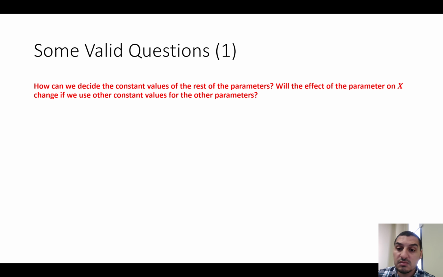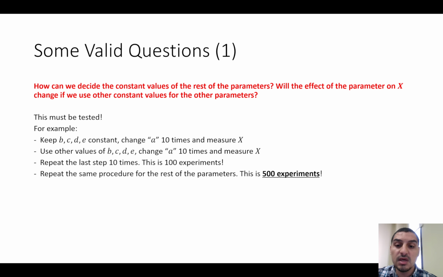So to make it more accurate and to take this into account, we can do the same procedure, but we will do this in more iterations or more cycles, meaning that I will keep b, c, d, and e constant, and then change a 10 times and do the experiments, and then choose another set of values for b, c, d, and e, and then change a 10 times.